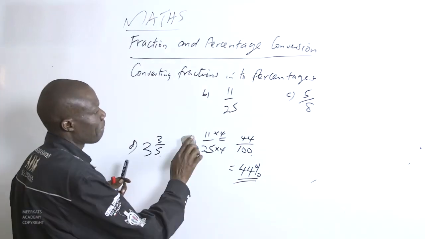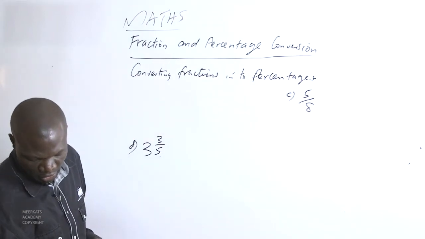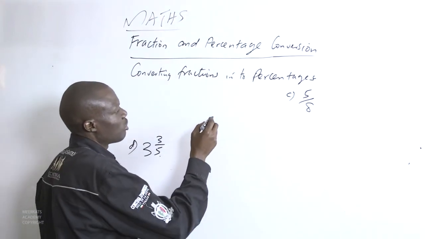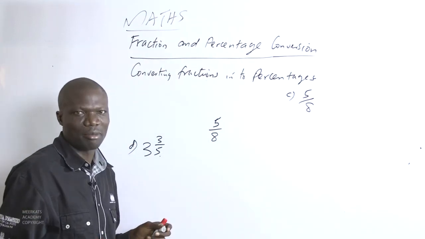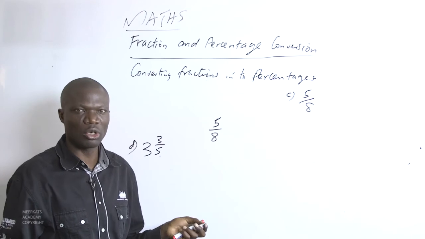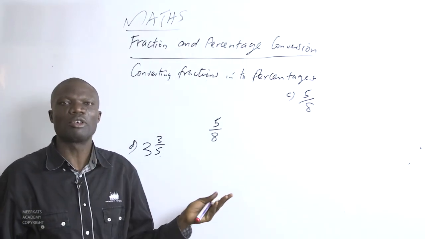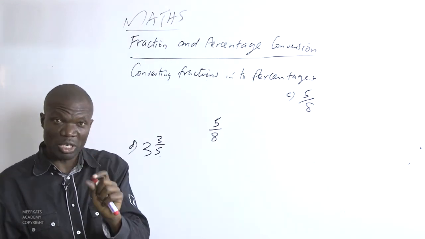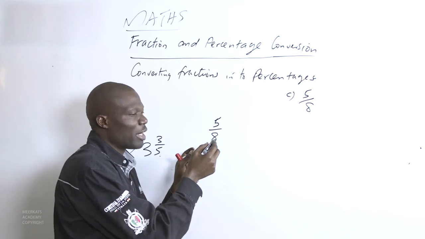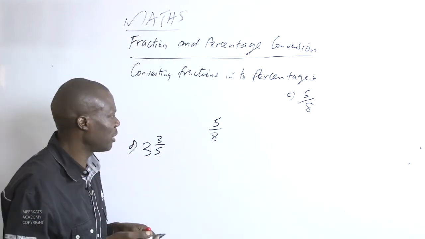The third, where we said we require additional knowledge, we have to convert 5 over 8 to a percentage. As we saw earlier on, for 8, 100 is not one of the multiples of 8. Therefore, we need to go extra smart. So we go for another denominator which can be a multiple of 100.